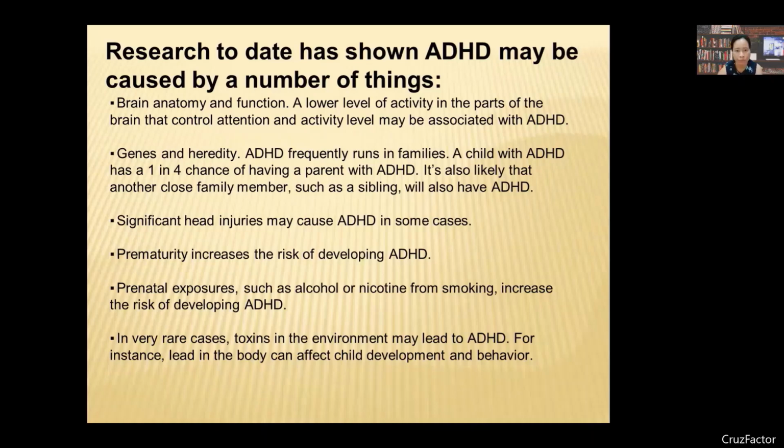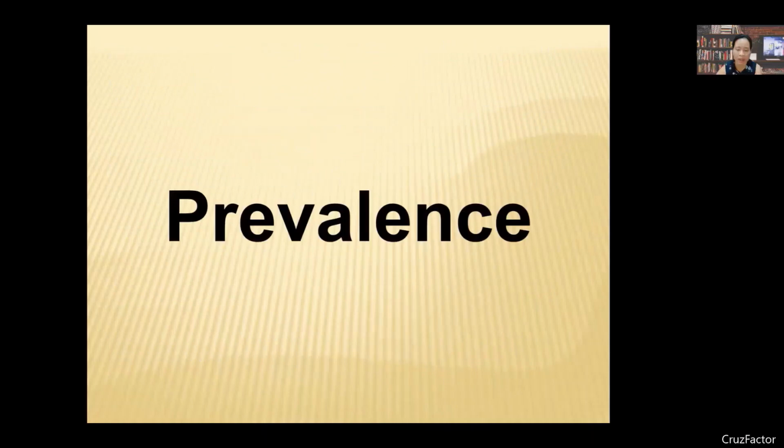And what's the prevalence of attention deficit hyperactivity disorder? What does prevalence mean? It is the proportion of a population who have a specific characteristic in a given time period. So how do they estimate the prevalence?